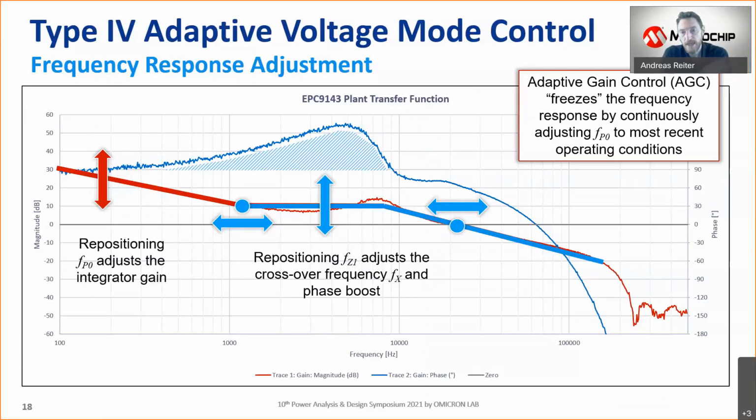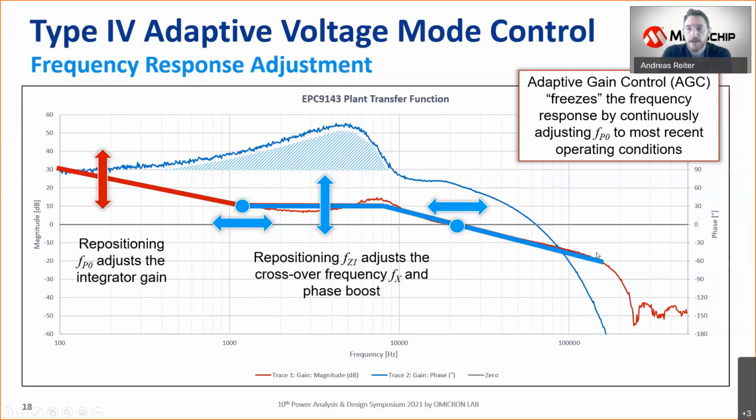So once everything is adjusted, I determine this to be my ideal tuning point, and then the software adaptation running inside the cycle-by-cycle control loop will increase and decrease the gain, always keeping it at exactly the same desired level, so that we always come up with exactly the same crossover frequency, the same phase margin, and the frequency response will not change. It's then independent from changes at input and output voltage and also across load.